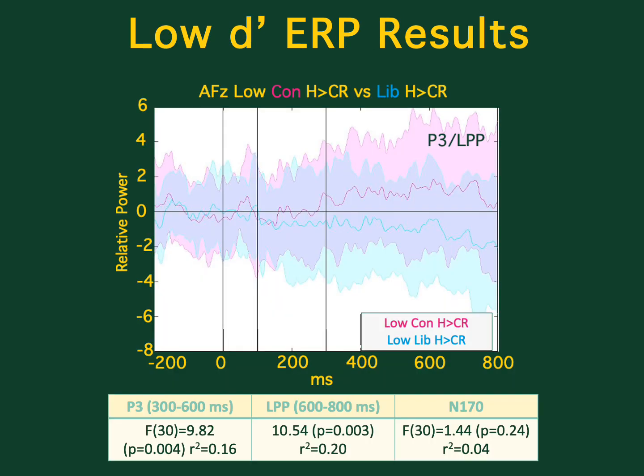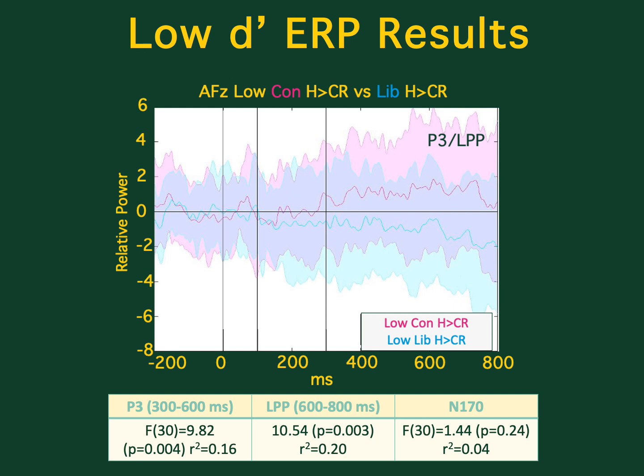This ERP graph shows H greater than CR ERP difference curves for conservative and liberal criteria in the low condition. In a one-way single-channel ANOVA, we compared H greater than CR activity between conservative and liberal trials. We found that maintaining a conservative versus liberal criterion was associated with a significant increase in relative P3 power in frontal electrodes AFZ and FCZ.